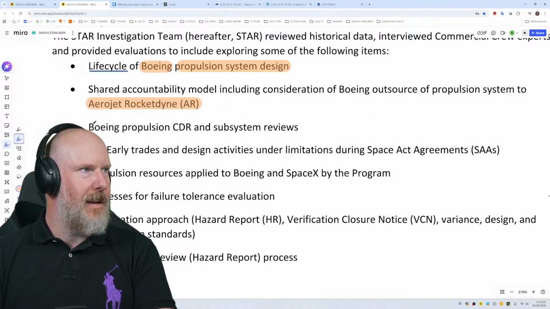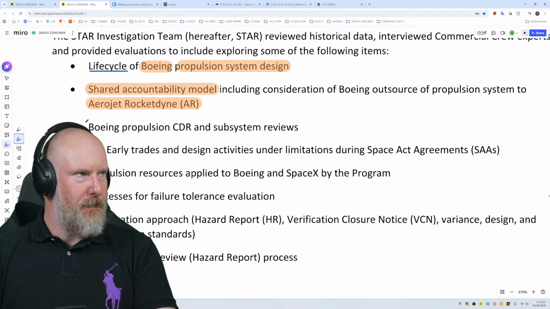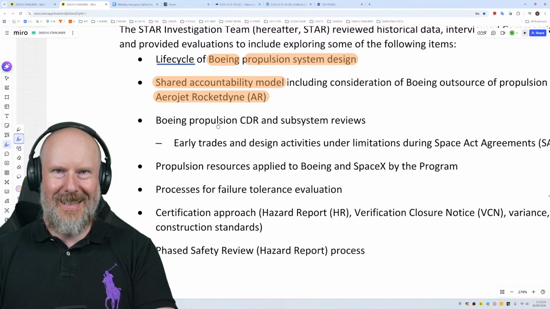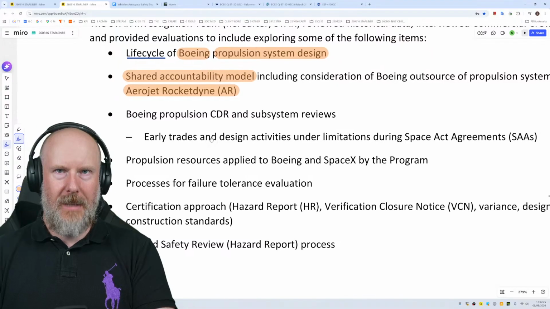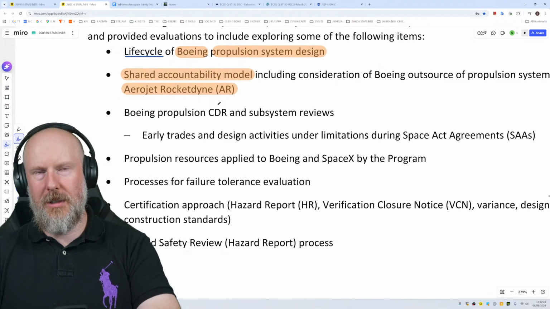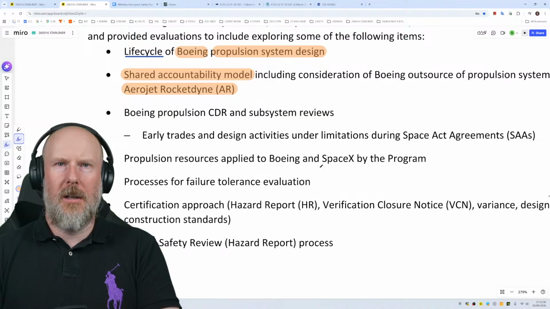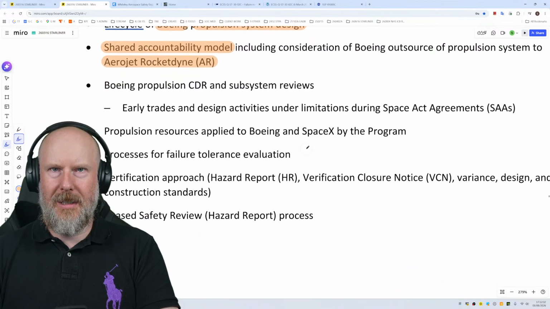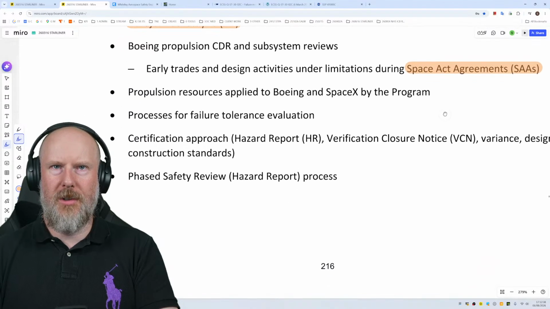Okay. Boeing propulsion CDR and subsystem review. So CDR is critical design review. Early trades and design activities under limitations during the Space Act agreements. Propulsion resources applied to Boeing and SpaceX by the program.